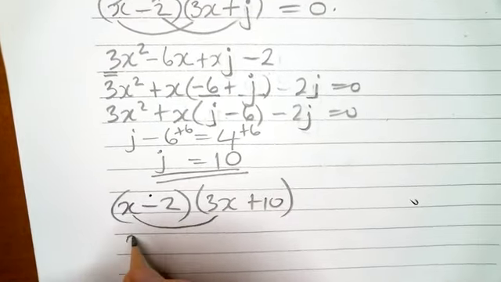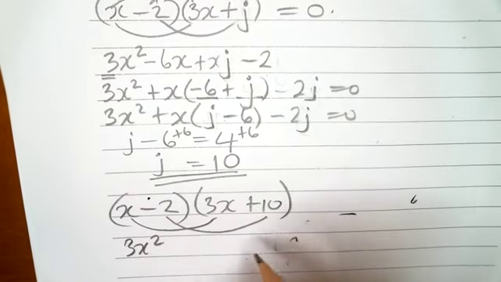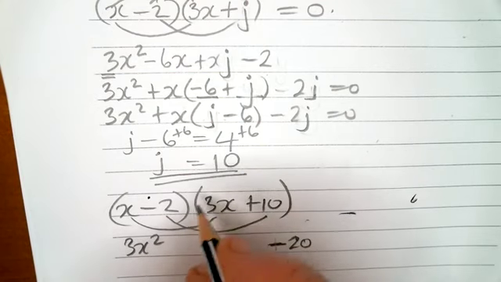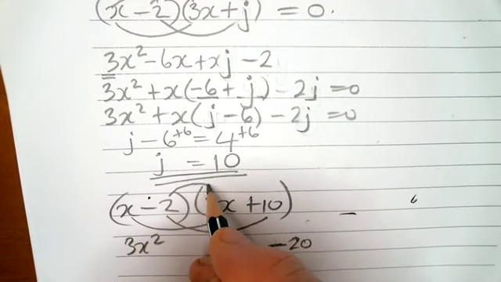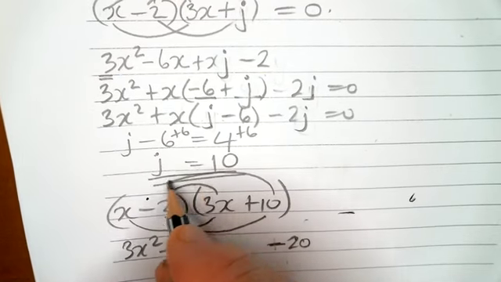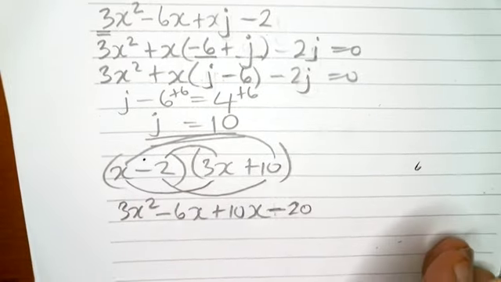Negative 2 times 10 is minus 20, isn't it? Minus 20. And then we've got negative 2 times 3x is negative 6x. And we've got 10 times x is plus 10x. So now we're pretty much there.